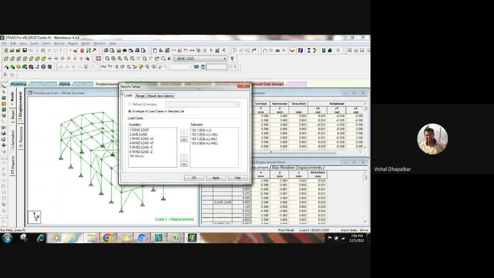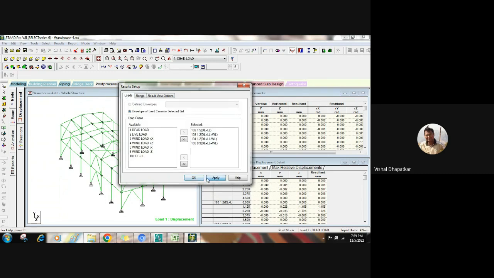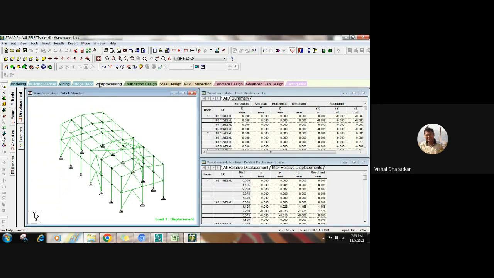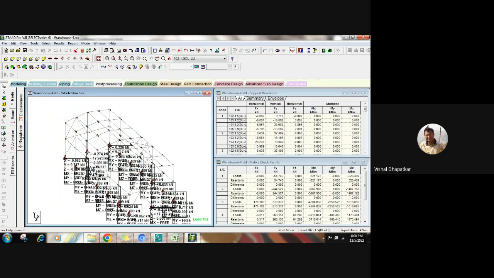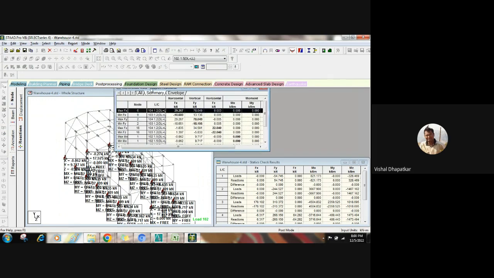I just selected the factored combinations and range, and in post processing you can go to reactions. From the summary, you will get these reactions, comparing all the supports.